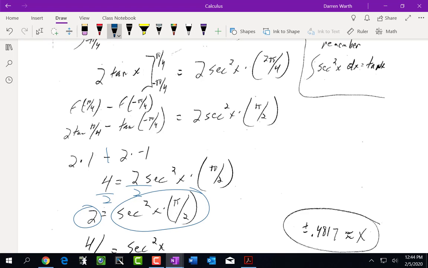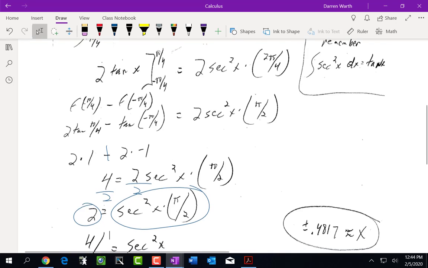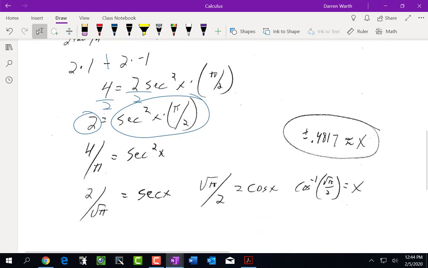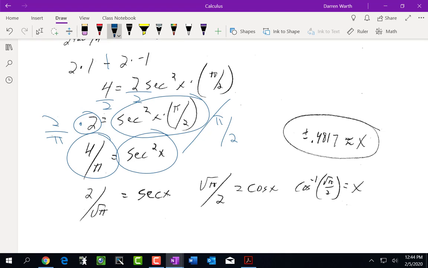Then I divide both sides by pi over 2, which is the same as multiplying by 2 over pi, and that gives me 4 over pi equals secant squared of x. Then I take the square root of both sides. The square root of 4 is 2, and I still have the square root of pi at the bottom, and that all equals the secant of x.